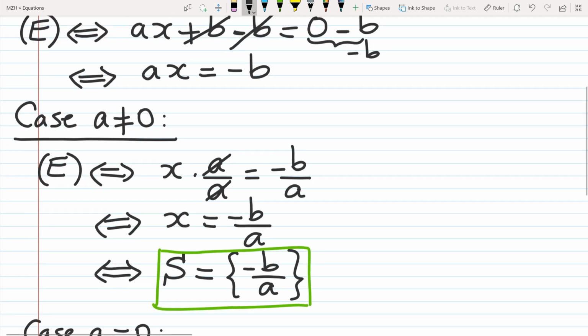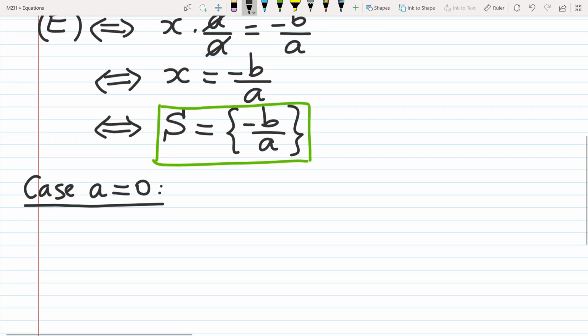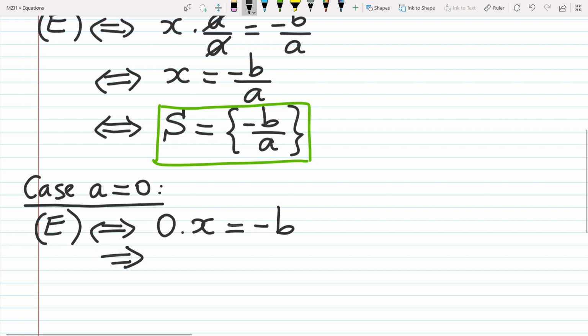So if you see here, let's start here. So E, let's write what's happening. So E is equal to 0 times x is equal to minus b. So this is actually equivalent to 0 is equal to b.